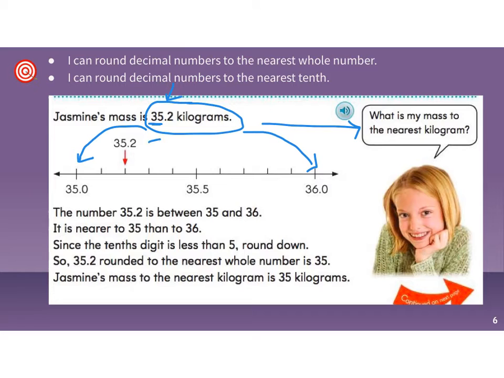And I can see they've shown me that 35.2 is closer to the whole number of 35. And therefore, I would stay down at the original whole number of 35. Since the tenths digit is less than 5, round down. So 35.2 rounded to the nearest whole number is 35.